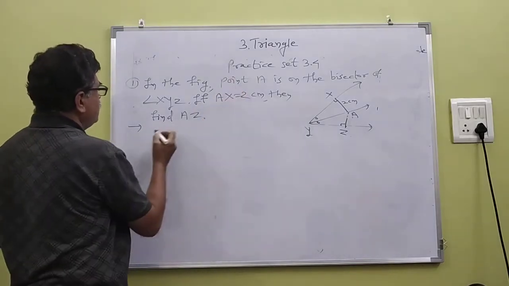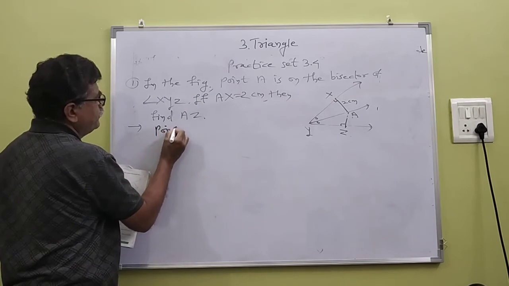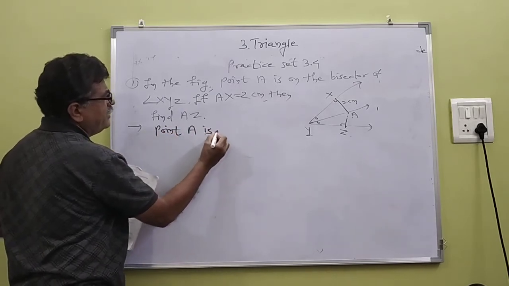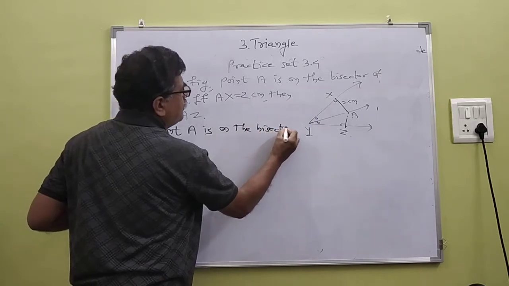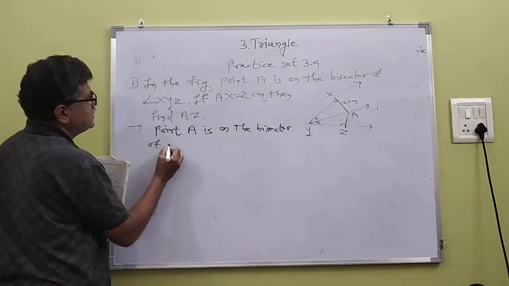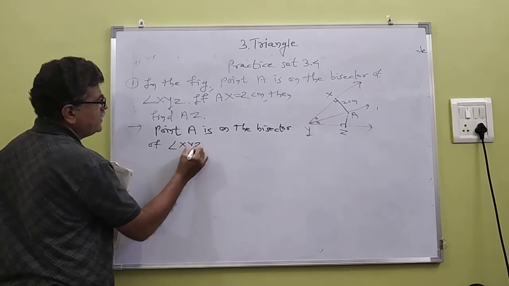Now write down. First write down: given point A is on the bisector of angle XYZ.